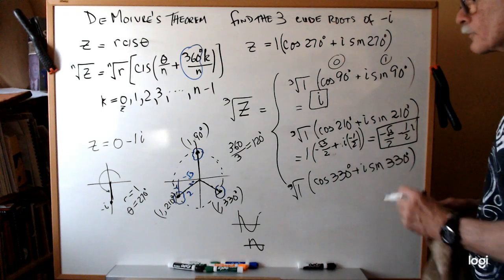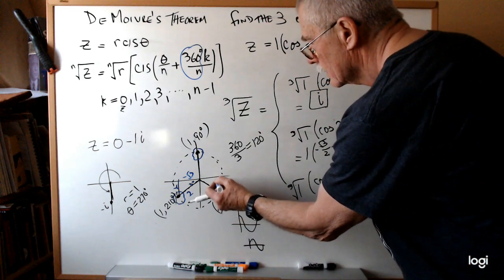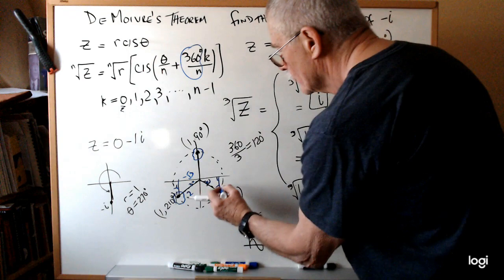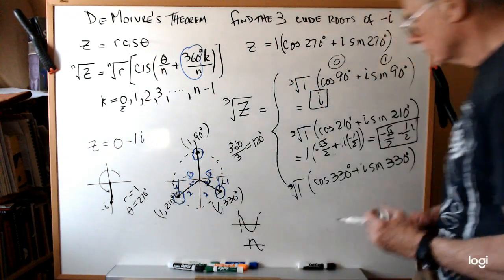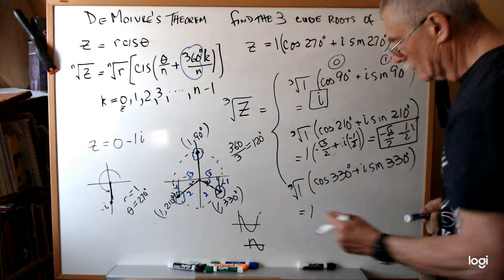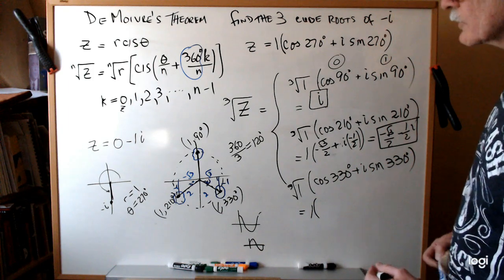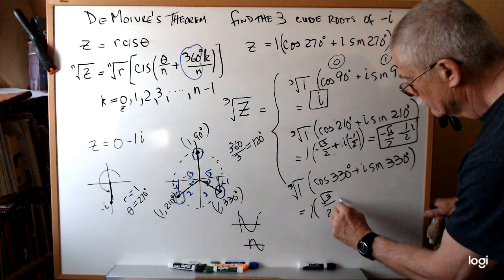Okay, let's do the third one. Third one is cosine of 330. And again, it's the same thing. This is a reference angle of 30, negative 1, 2, radical 3. So let's go through the steps. This, of course, is a 1. Okay, so the cosine of 330 is adjacent over hypotenuse, so it's rad 3 over 2.